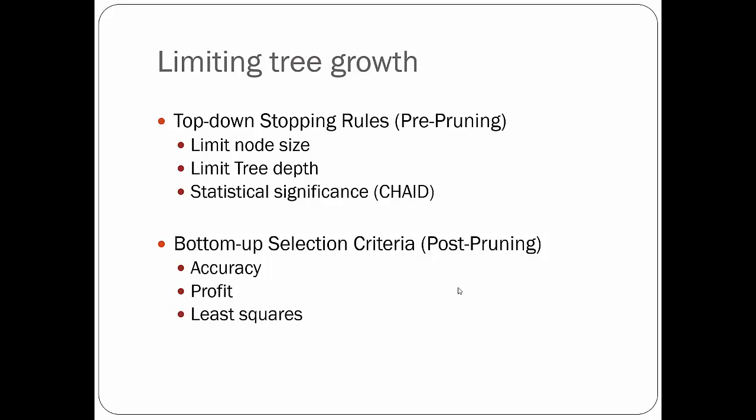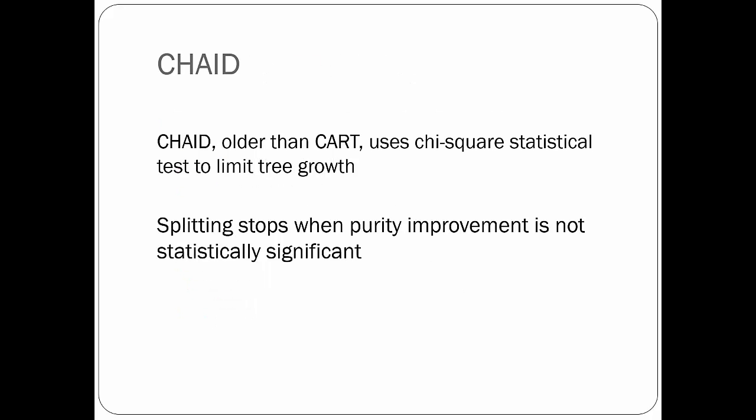You back up and see where you get the benefit of a smaller tree with minimal loss of purity. If the loss of purity is minimal, then you do want that pruning to happen. So splitting stops when the purity improvement is not statistically significant.